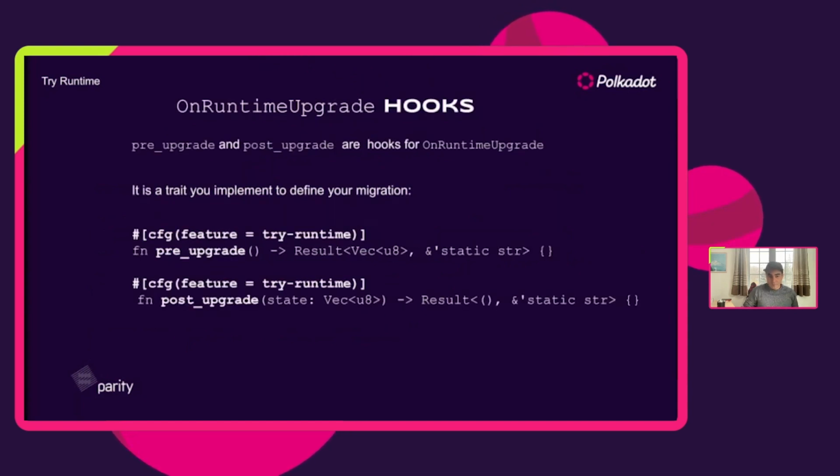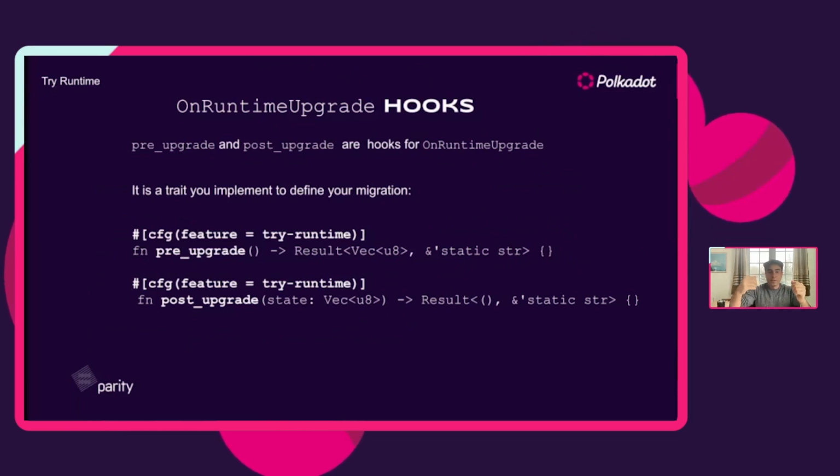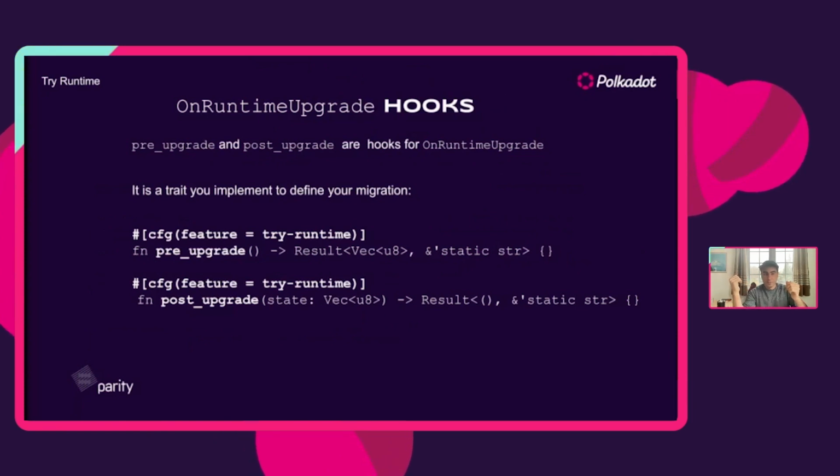For example, I keep saying testing, right? Before and after. So how do you test on runtime upgrade? On runtime upgrade is where you'd write your migration, right? So when you do the runtime upgrade, the migration will take place. With Try Runtime, there are two hooks that are pertinent to on runtime upgrade.